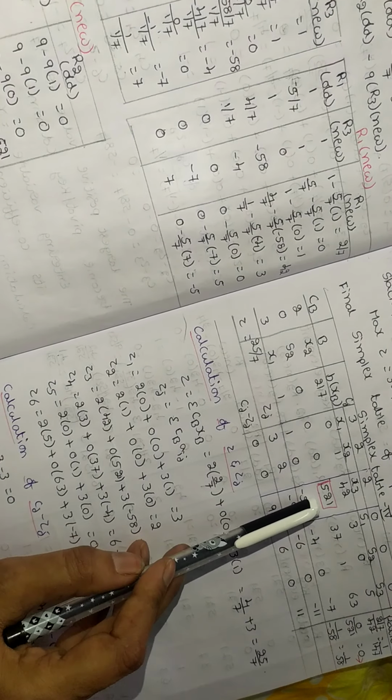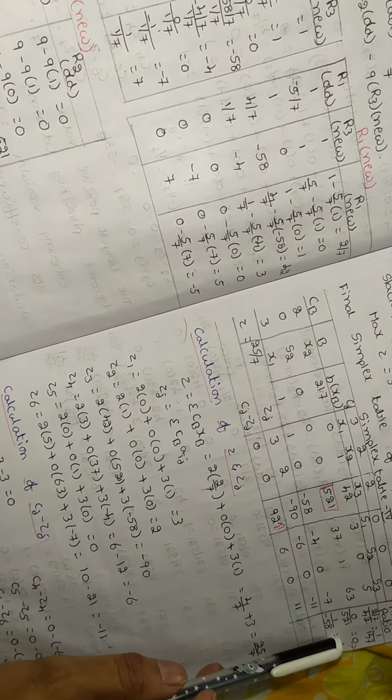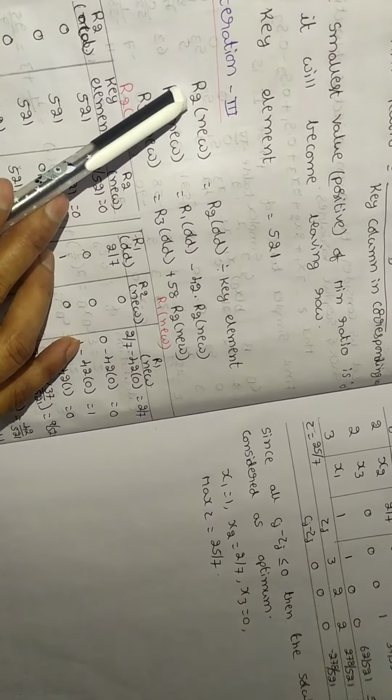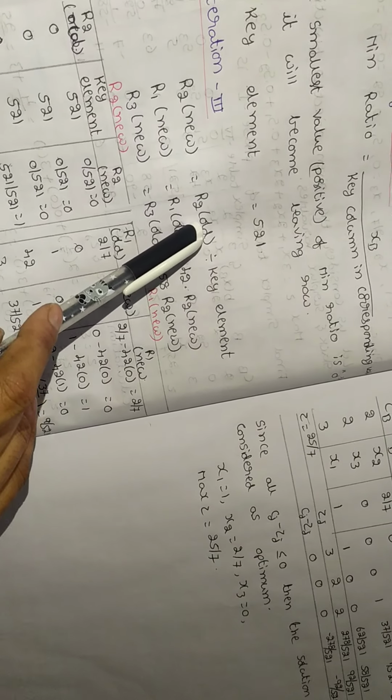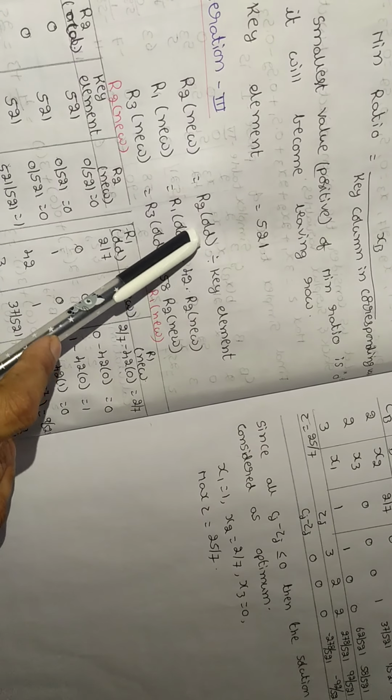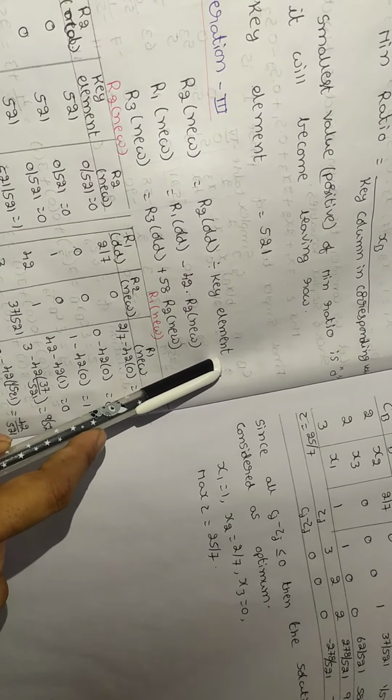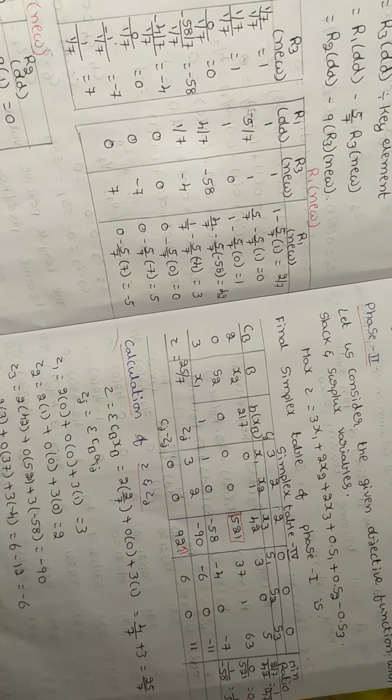Iteration 3. Where is the key element present? In R2. Because of that, we will start these changes from R2. R2 new equals R2 old divided by the key element. Other than R2, we have two more rows, that is R1 and R3.